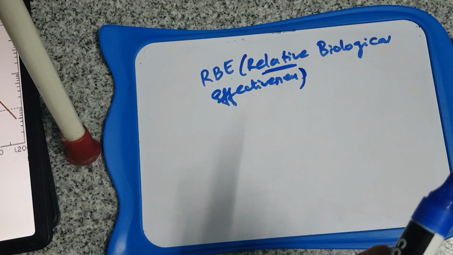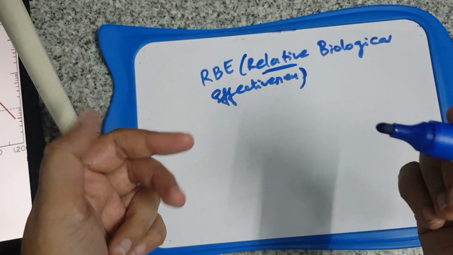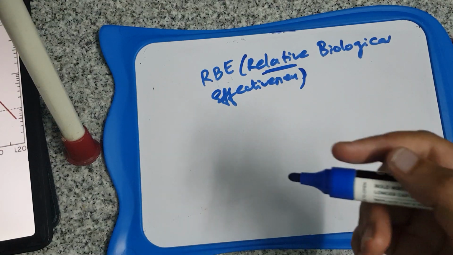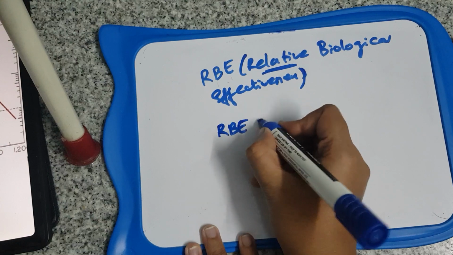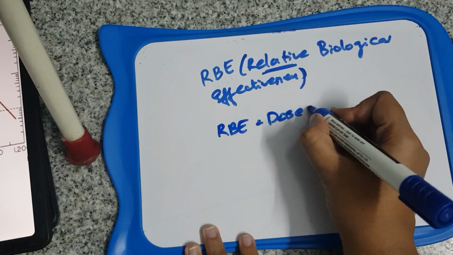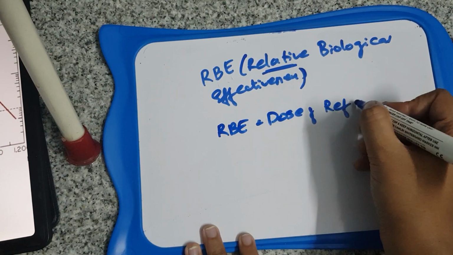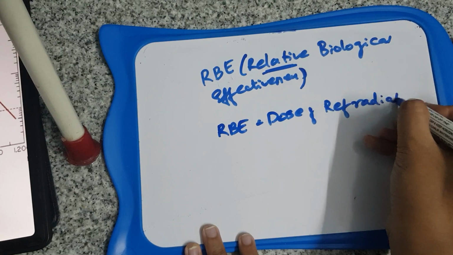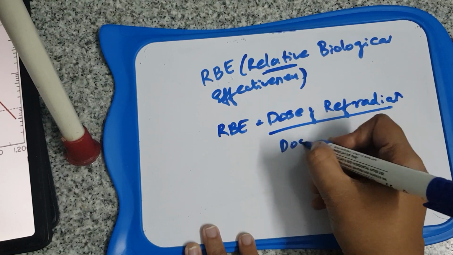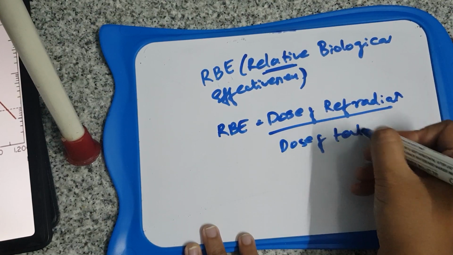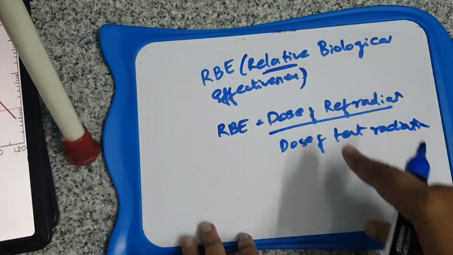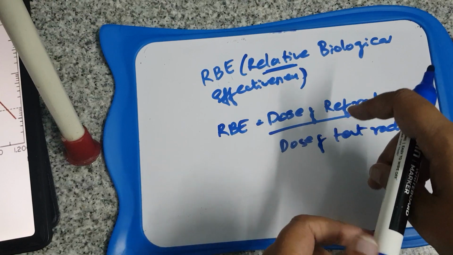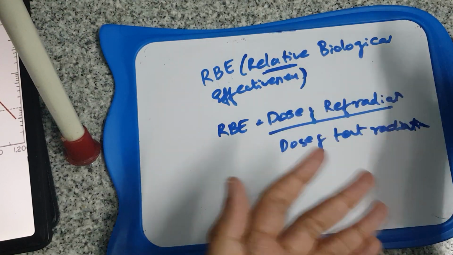From less ionizing to densely ionizing, if you're comparing, the RBE formula is the dose of the reference radiation divided by the dose of test radiation. So it's the ratio of the doses required by two different radiations to cause the same level of effect.